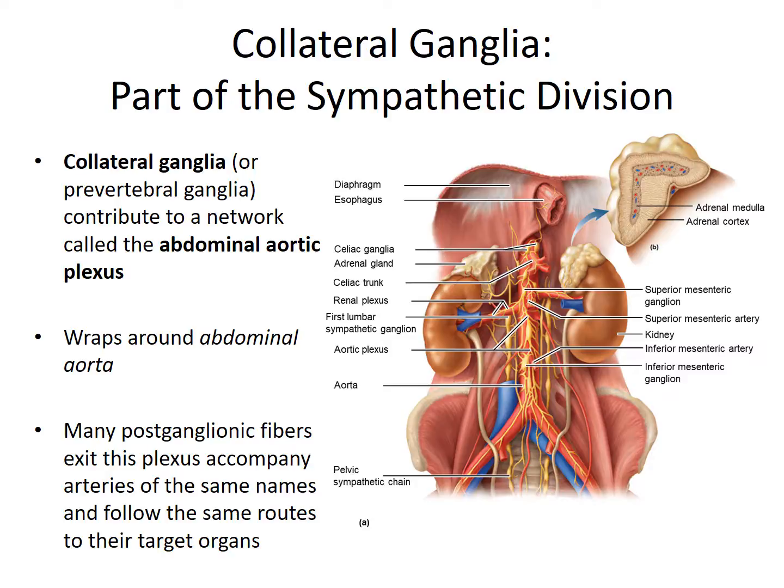This plexus wraps around the abdominal aorta. Most postganglionic fibers exiting this plexus will accompany arteries with the same names as the nerves, and follow the same routes to target organs.